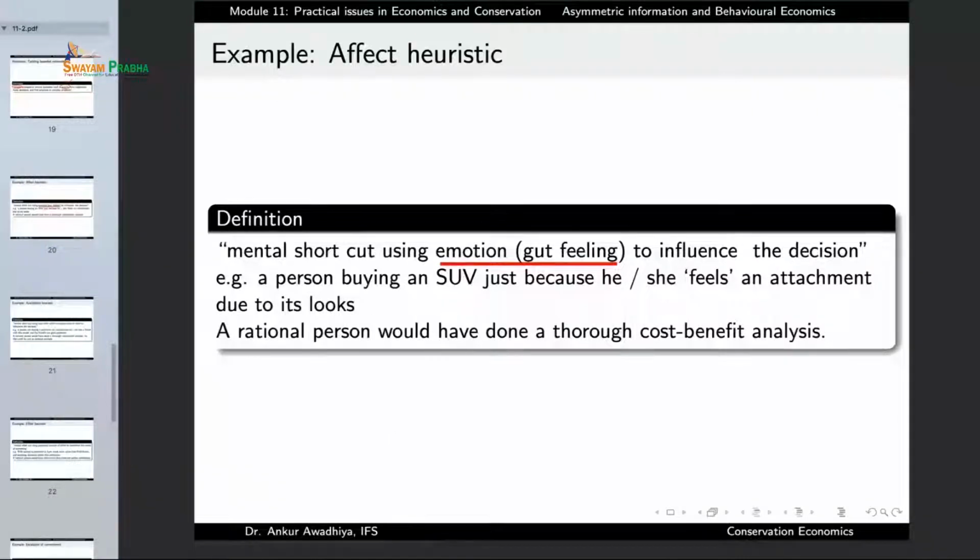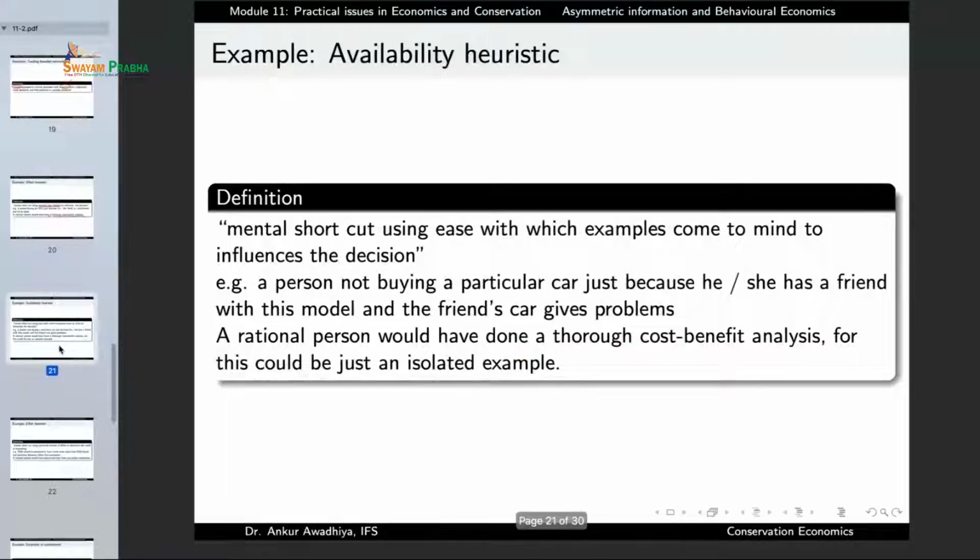People use this because they might not have sufficient information or processing capability or time to make a rational decision. So while a rational person would have done a thorough cost benefit analysis, a person who is making a decision based on emotion or gut feeling does not do this cost benefit analysis, but just buys whatever he or she feels an attachment to. This is an affect heuristic.